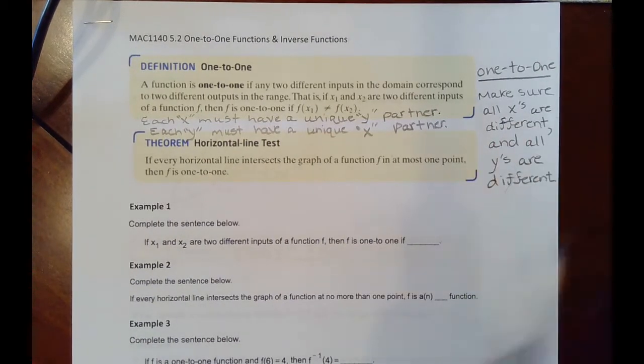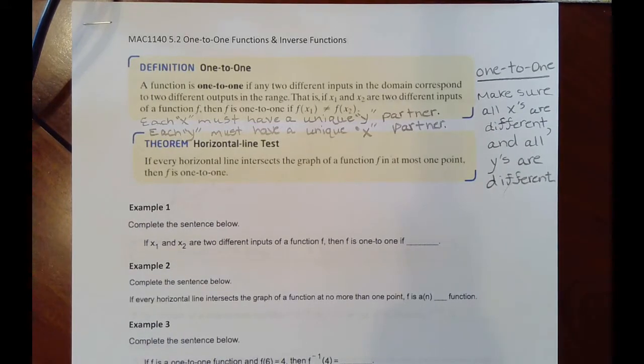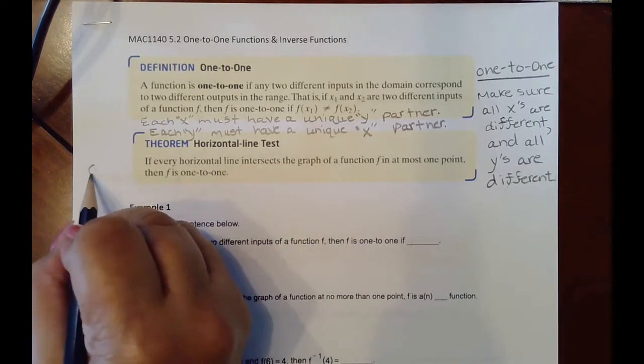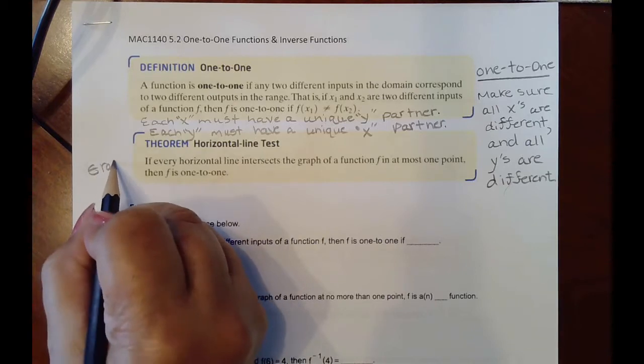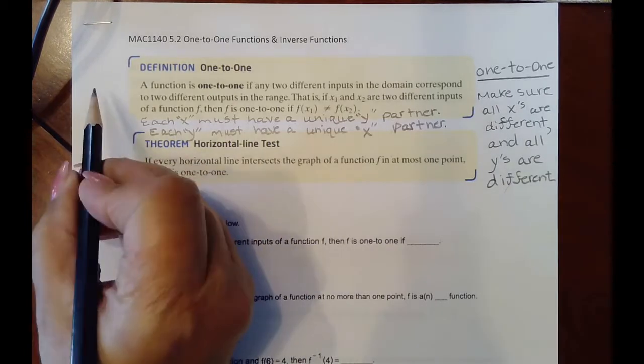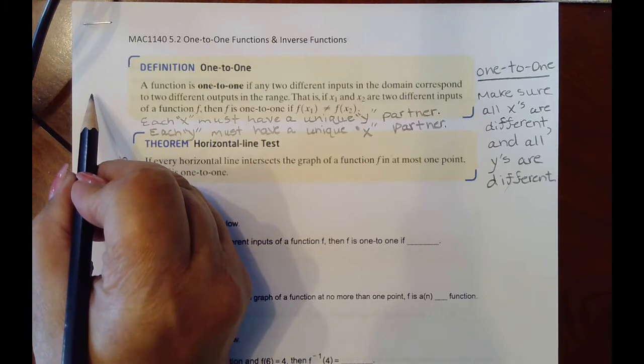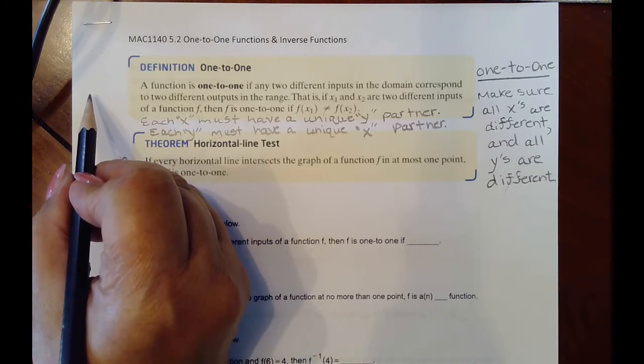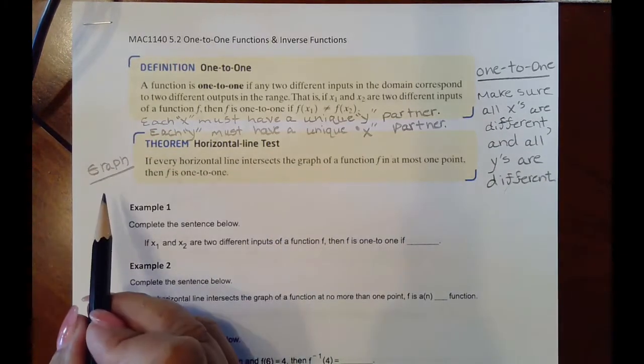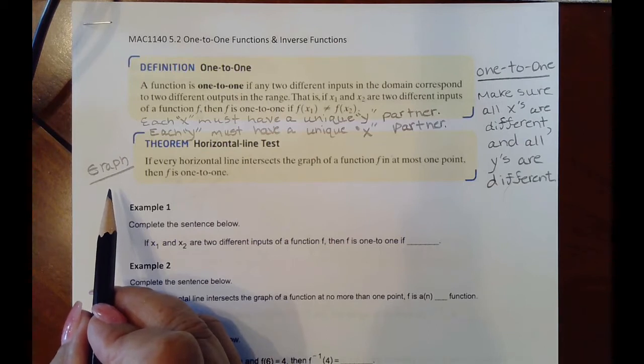Okay, let's go ahead and look at the theorem associated with this definition. In order for you to check whether a graph is one-to-one, so the previous method is for when you're given a set of x and y values in set notation or as ordered pairs. But when you're just given a picture of those ordered pairs, then you find yourself with just a graph.